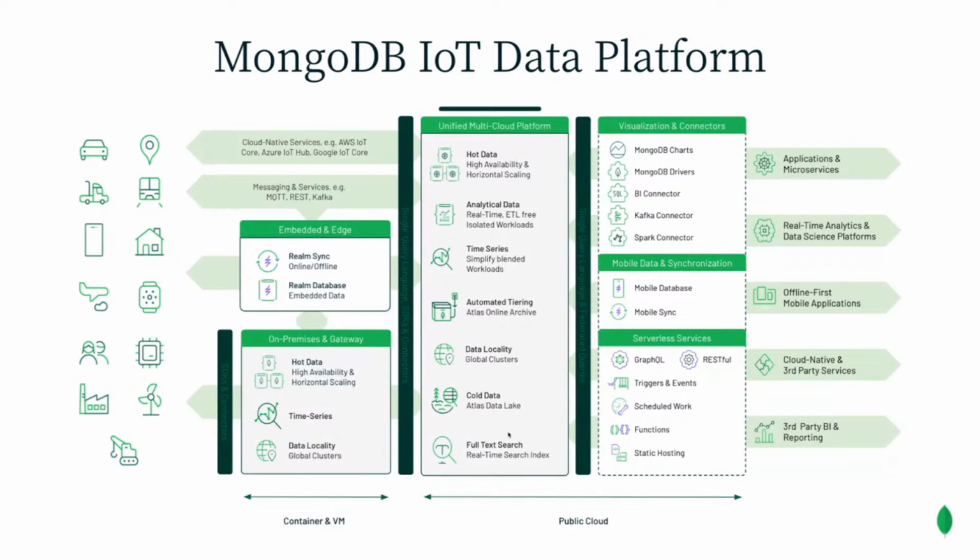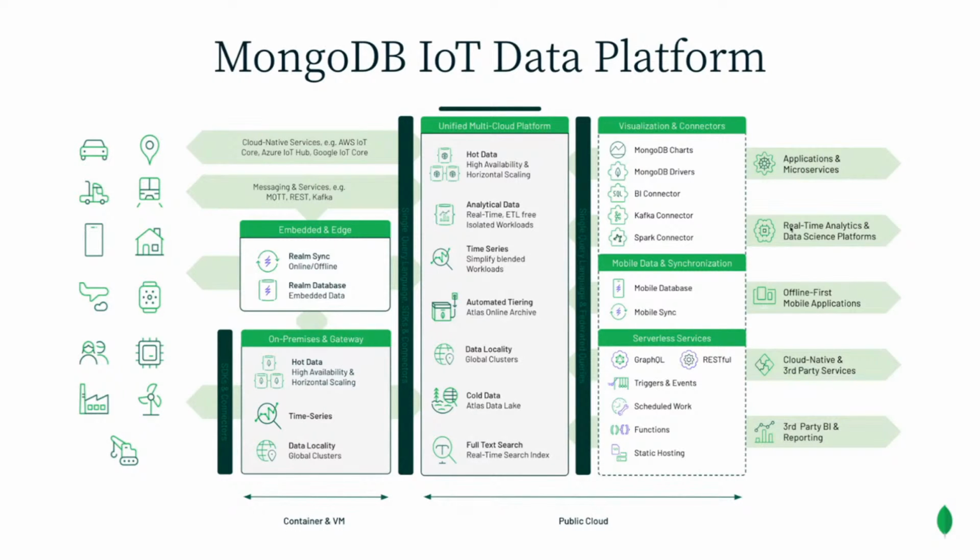And then the last few things I wanted to mention here is that with visualizations in real time, we have things like MongoDB Charts. We have the BI connector, which is the business intelligence connector, Kafka connector, Spark connector. So if you need to stream your data out of Mongo for additional visualizations or processing, it's pretty easy.